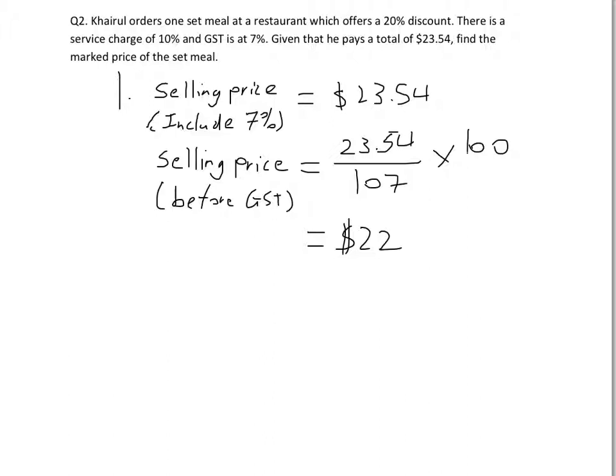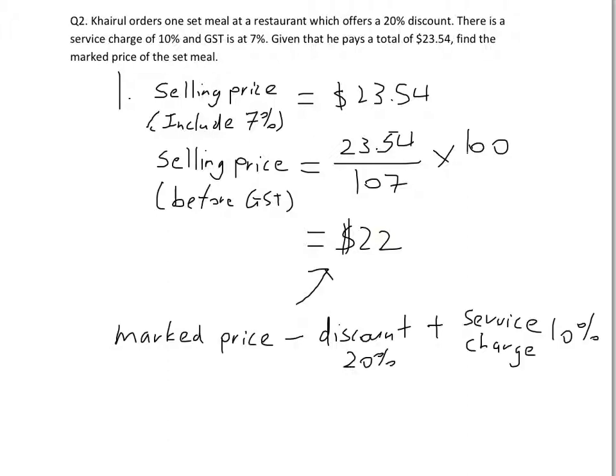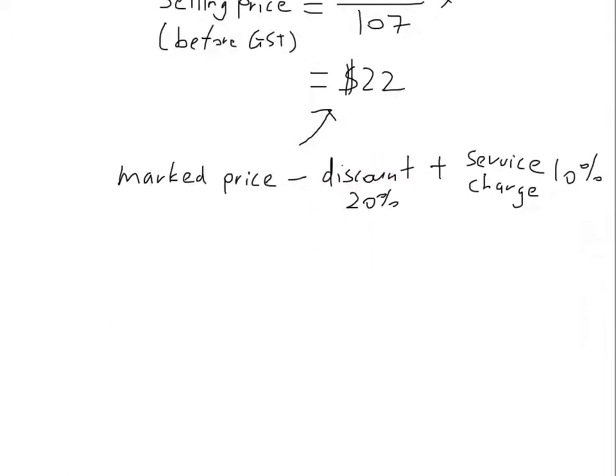The second step requires you to know what is included in this $22. The $22 represents the mark price minus the 20% discount, plus the service charge of 10% after the discount is deducted. Hence, for step 2, we need to find the mark price with the discount by removing the service charge of 10% from this $22.